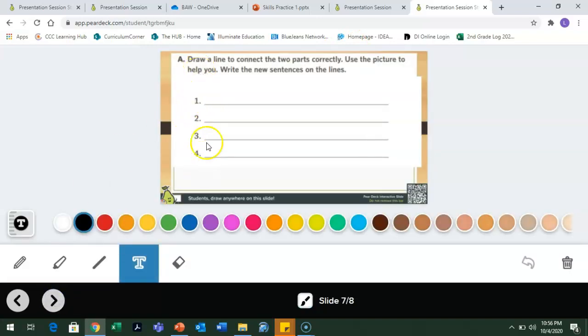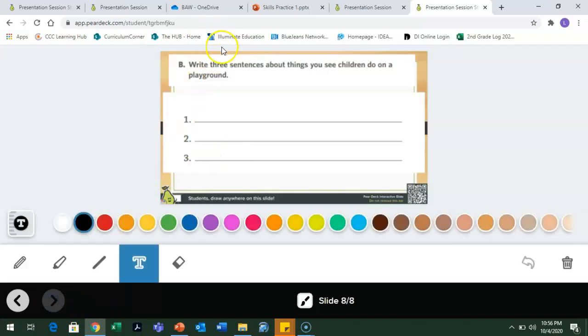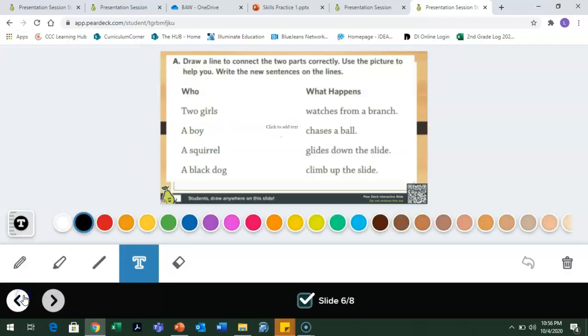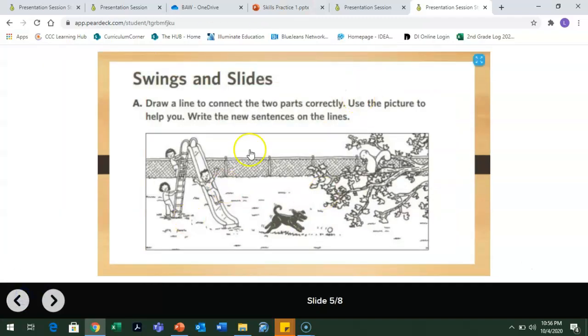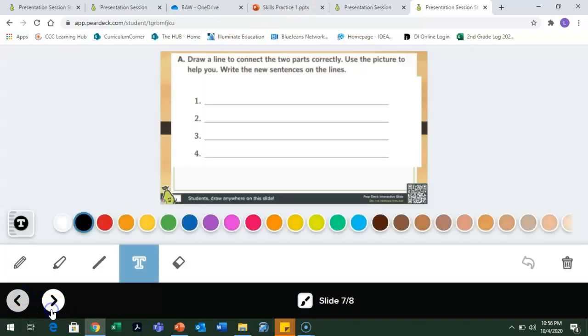Then when you're done, you type the sentence, but here comes a new one. And the last one is you need to write 3 sentences about things that you see children do on a playground. You can come back and look at this one, or you can write about your own experience, boys and girls.